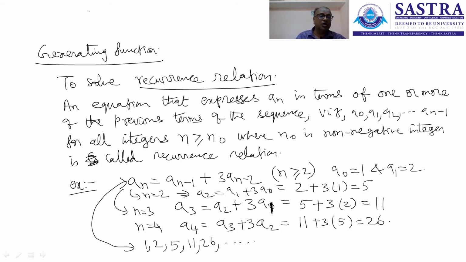What we are trying to do is, given a recurrence relation, we will translate it into an equation which is a polynomial in Z, and that polynomial will be called the generating function, and use certain operations on the generating functions and find out the solution to the given recurrence relation. So that is the thing that we are going to do now.